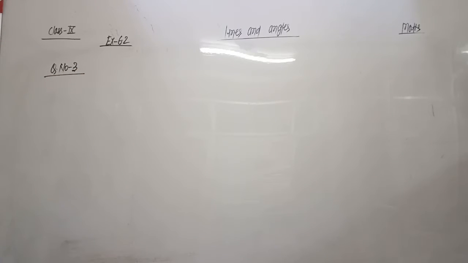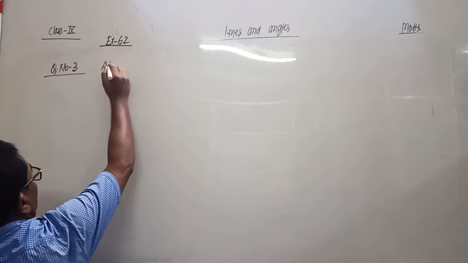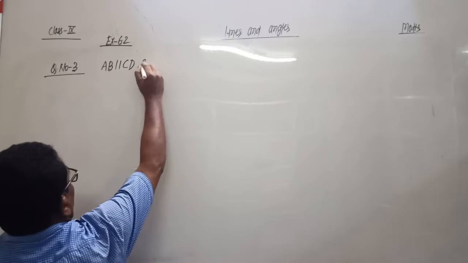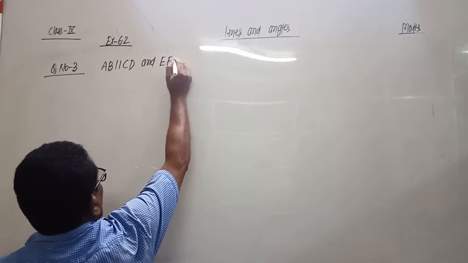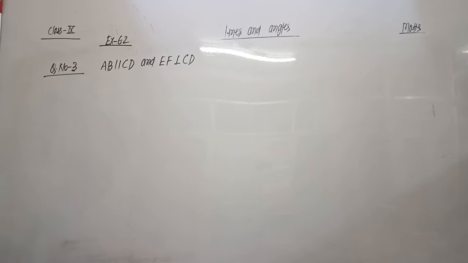Question number 3. AB is parallel to CD and EF is perpendicular to CD.